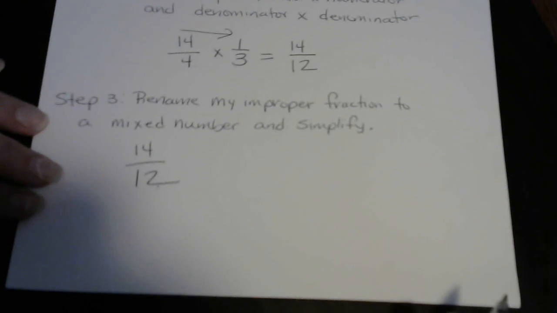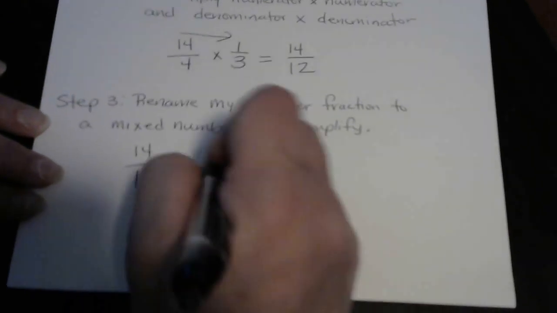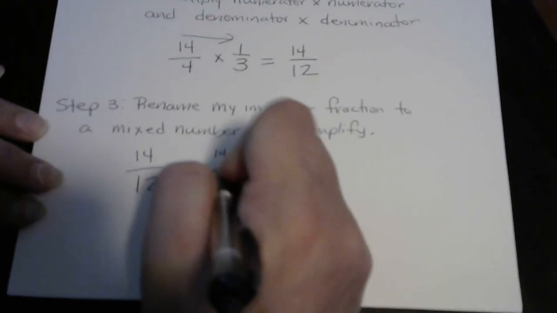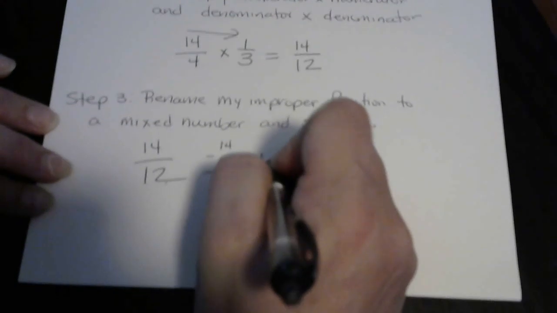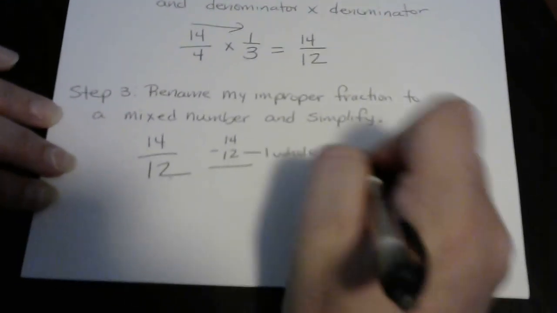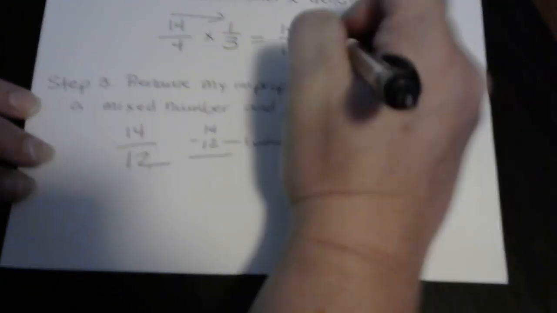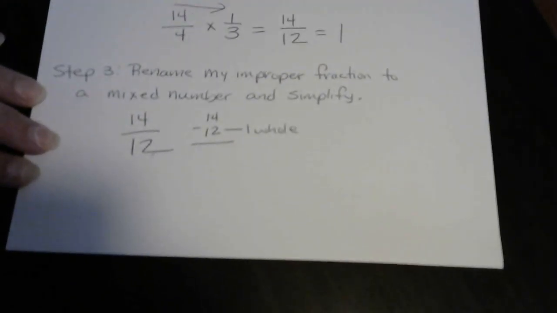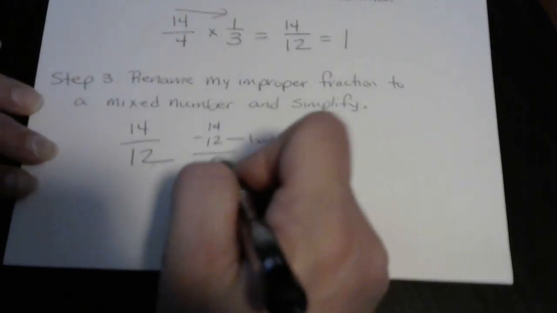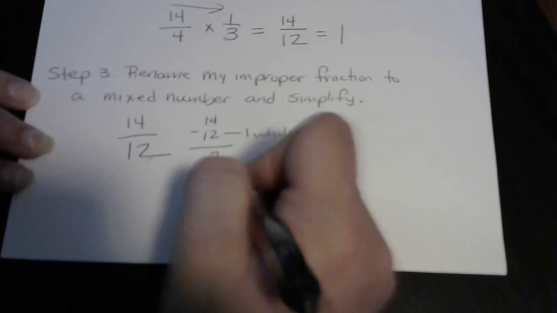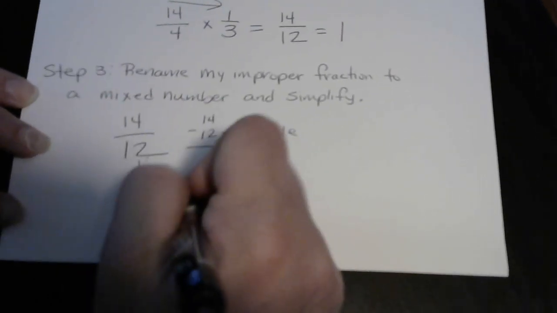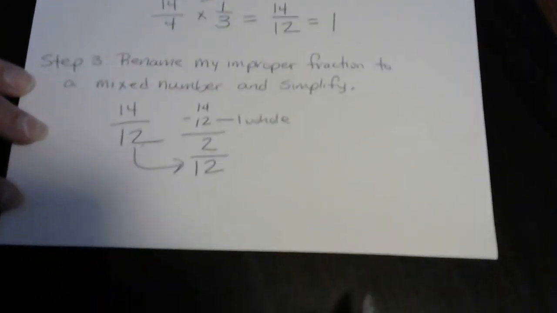Now I could go through division to do this, or I could simply say 14 minus 12, that is one whole right there because there's 12 parts, right? So that equals one whole. Okay, 14 minus 12 is 2. My denominator stays the same, 2 over 12.